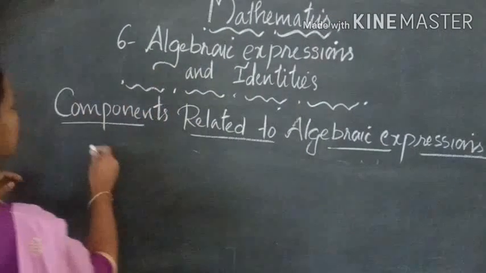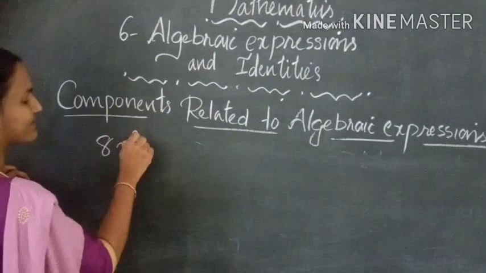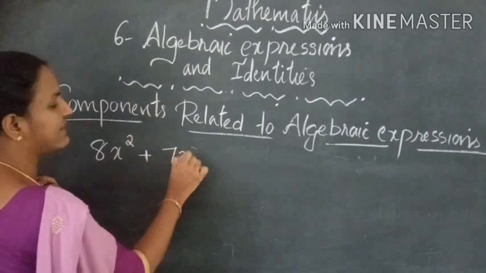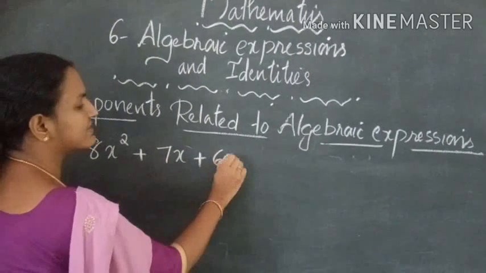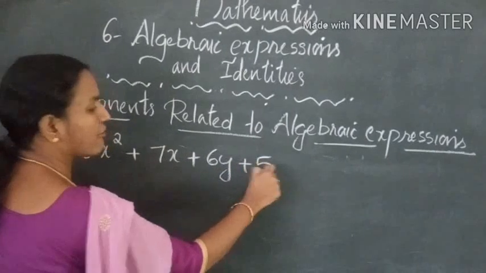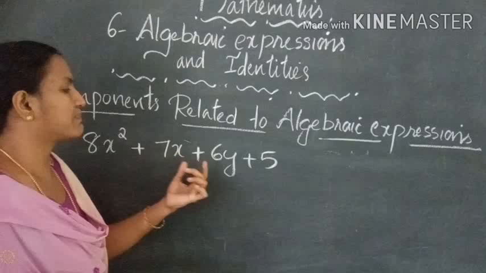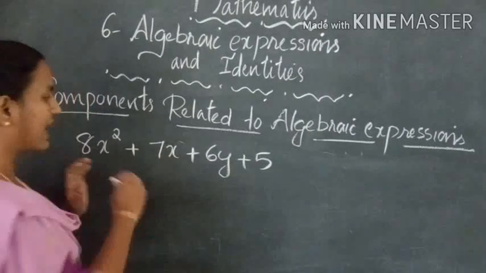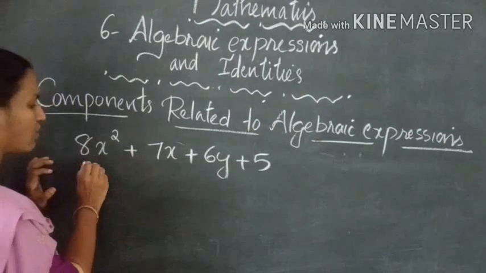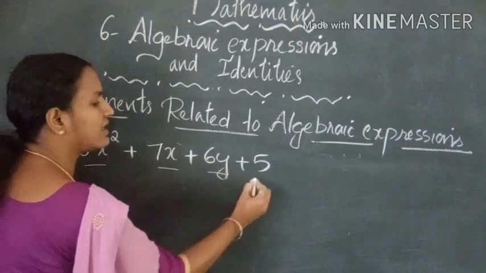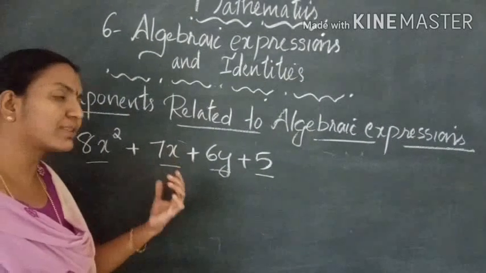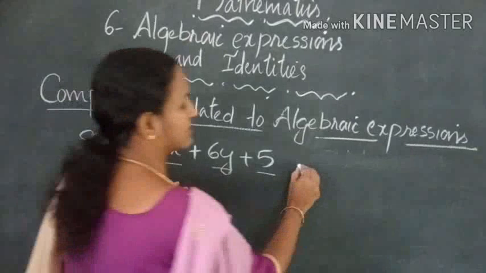Consider an algebraic expression 8x square plus 7x plus 6y plus 5. In this algebraic expression, how many terms are there? 1, 2, 3, 4. So it has more than 3 terms.